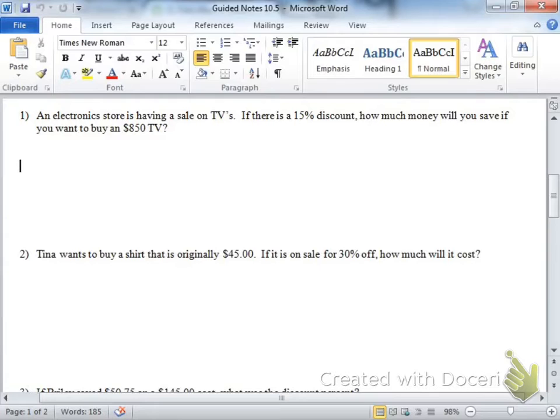So example 1 says an electronics store is having a sale on TVs. If there is a 15% discount, how much money will you save? Remember, asking how much money will you save is like asking what the discount is. They're the same thing. How much money will you save if you want to buy an $850 TV? Let's set up our proportion.